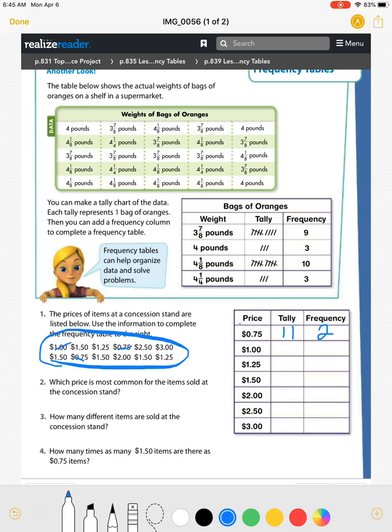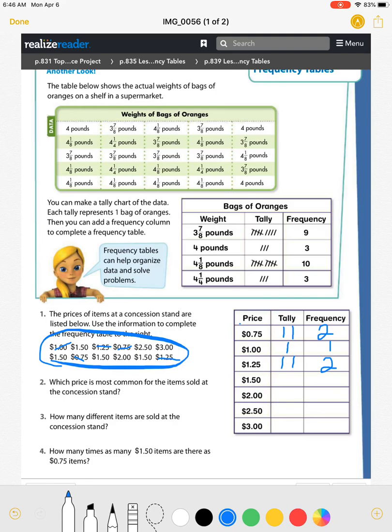There's 1. That's just 1 time, so we put 1 tally mark and the number 1 over here for our frequency. For $1.25. There's 1. There's 2. So we put 2 tally marks and a frequency of 2.